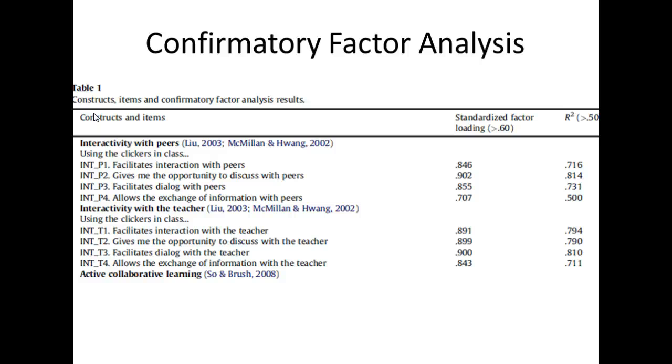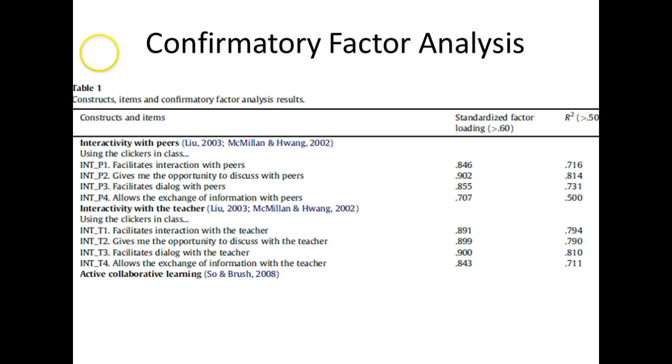The survey had, I forget exactly how many, but multiple questions on it. Instead of looking at each of the questions individually, the authors tried to group those questions together in a way where different constructs emerge, knowing that not every survey item necessarily contributes to a construct.